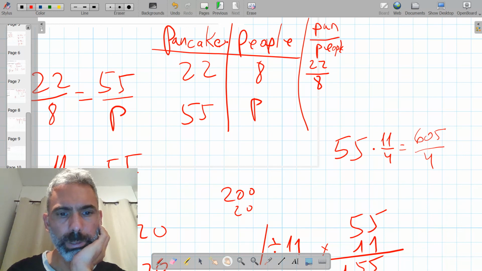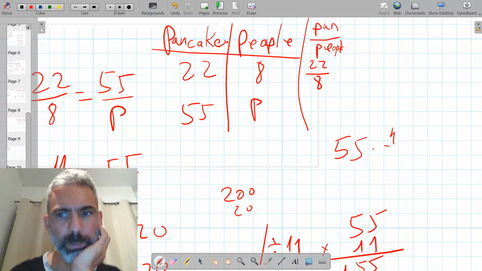It's the other way around. If I want to go from pancakes to people, I need to multiply not by 11 over 4, I need to multiply times 4 over 11.